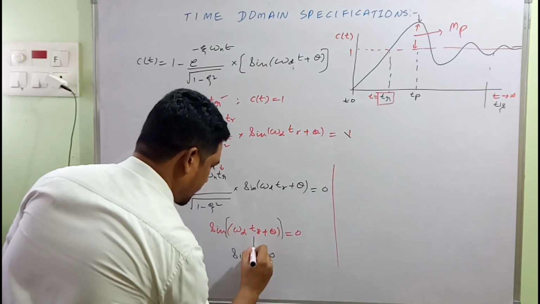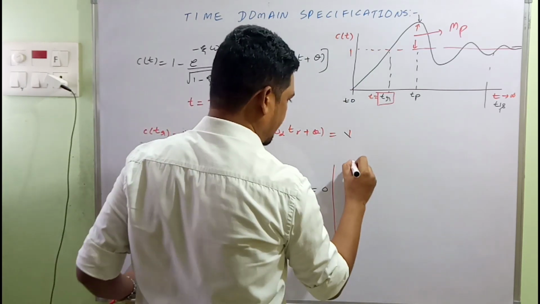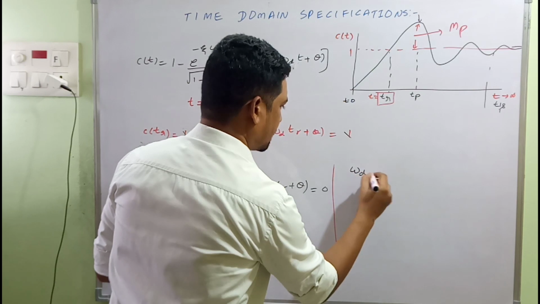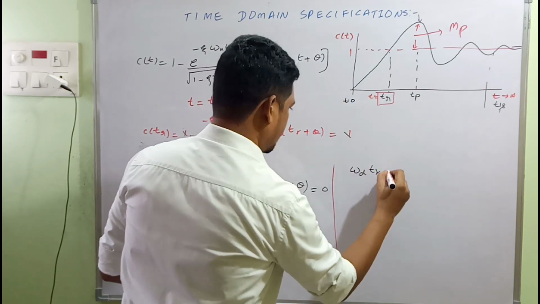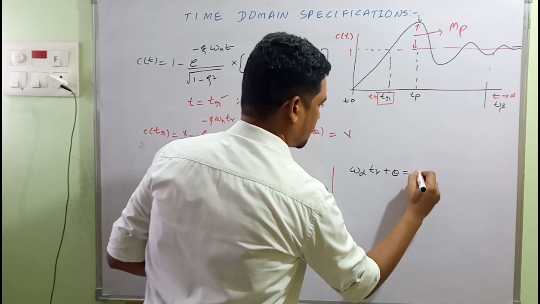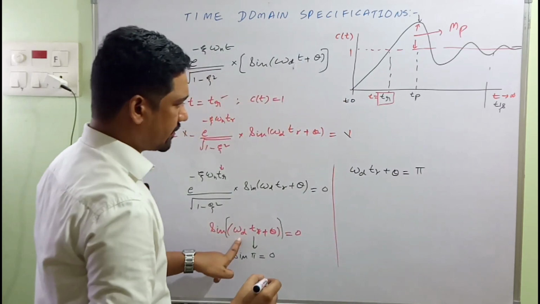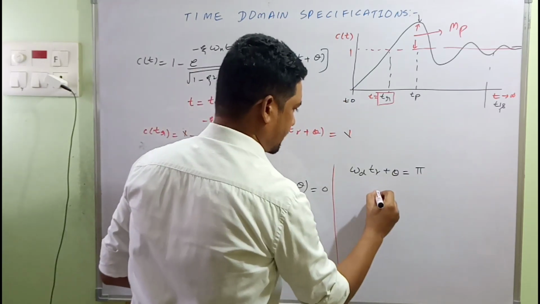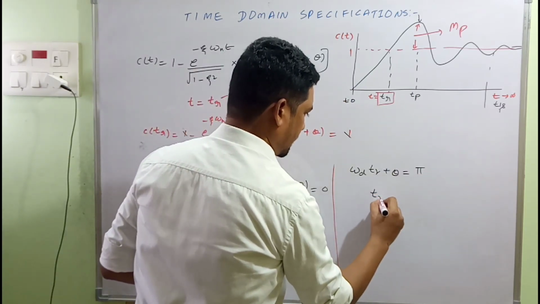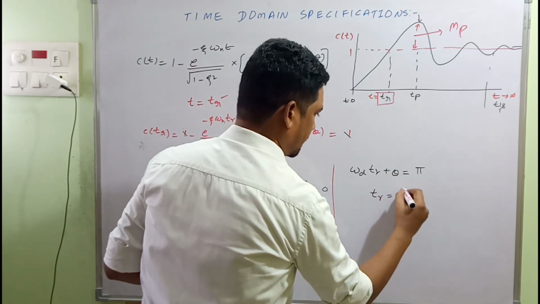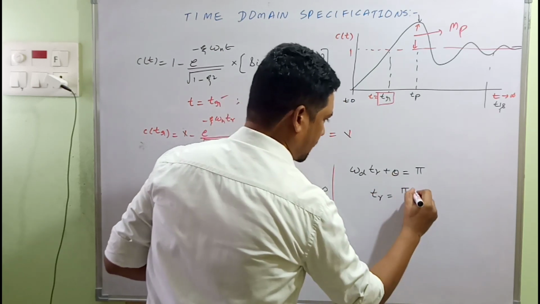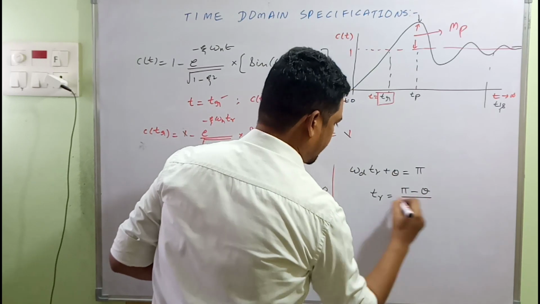So ωd tr + θ should be equal to π. And what are we searching for? For tr, the rise time. We have tr = (π - θ)/ωd, the positive π and the negative θ.